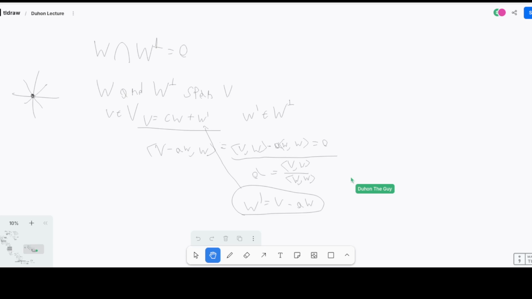What do I mean by that? I mean that if you have that V,W equals 0 for all W, that implies that V is 0, right? That's basically what it's saying, because the kernel, after all, is everything that leads into 0.